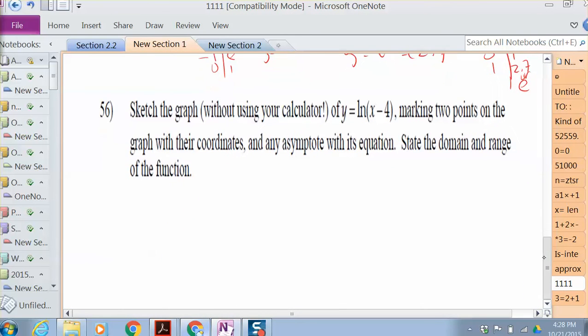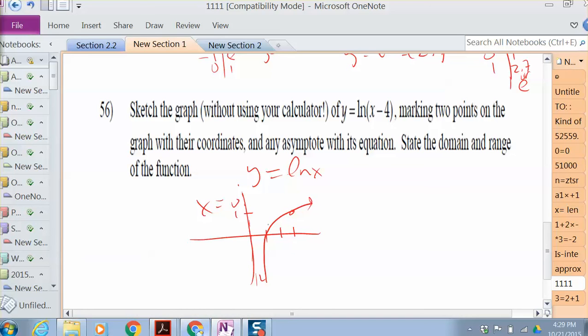Okay, lastly, 56. So now we've seen y equals natural log of x, which now we know is this. Vertical asymptote, x equals 0, got that right now. Crosses through 1, 0, and also crosses through e, 1. So shift four right.